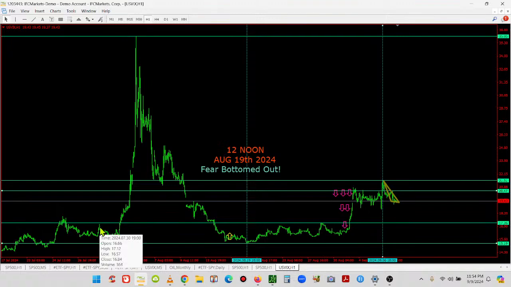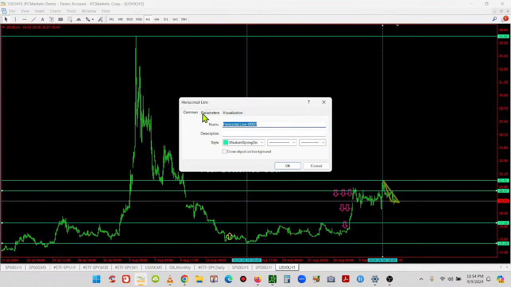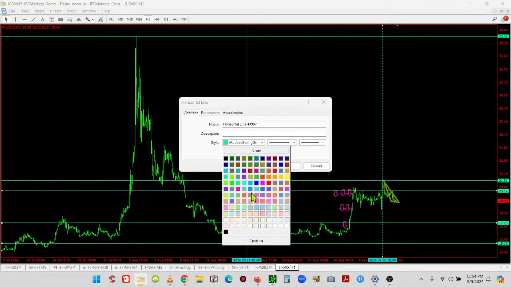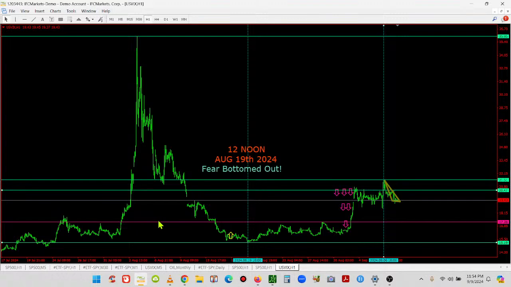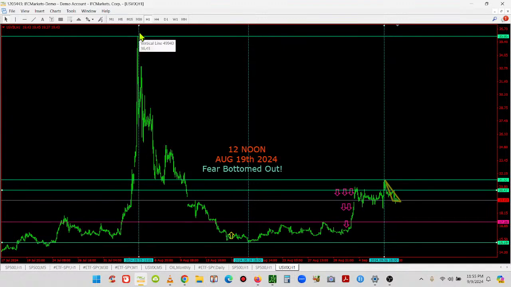So if you look back here, let's just change the color of this to, we'll say deep pink. All right. And that's going to be a kind of a level that broke out before. But before you had this happen.